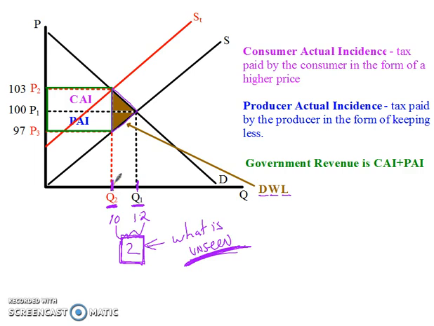Well, from Q2 to Q1, we can think of the demand curve as the benefits that the customer would have gotten, the happiness they would have gotten from those 2 extra units from Q2 to Q1, and the supply curve is the cost of producing those 2 units from Q2 to Q1. And so the benefits of those 2 units were higher than the costs of those 2 units, and so that area in between is where benefits outweigh the costs, but it never happens.